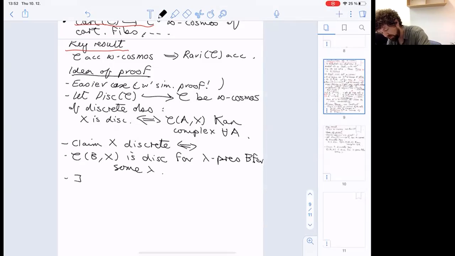So how do we prove this? Well, there exists lambda such that lambda filtered colimits are homotopy colimits.